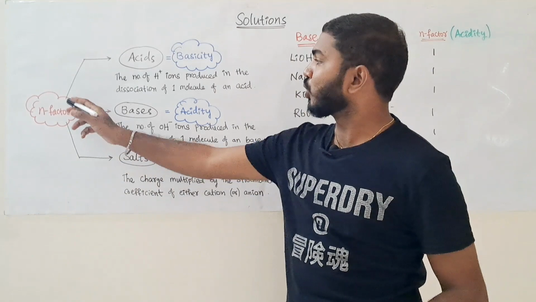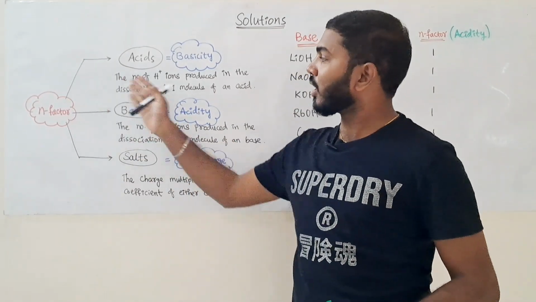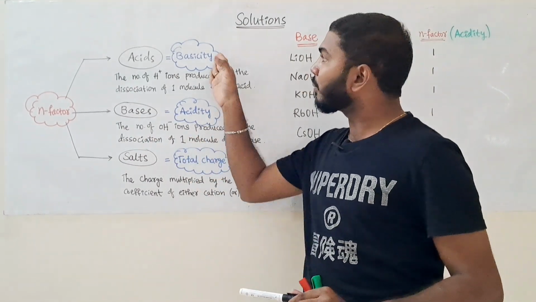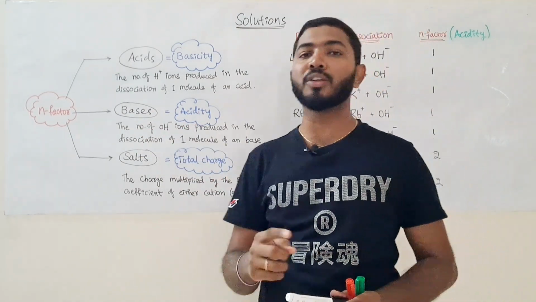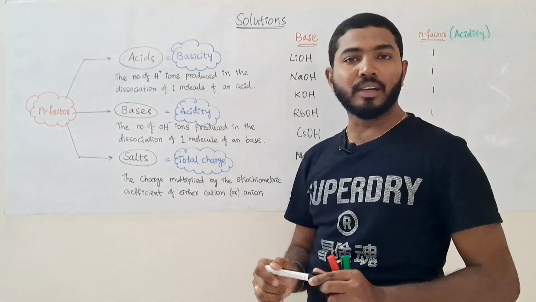Next, let's move to the N factor for bases. Generally for bases, the N factor is taken as acidity, which is quite the opposite of basicity. That is, the number of OH minus ions produced in the dissociation of one molecule of a base is nothing but acidity.